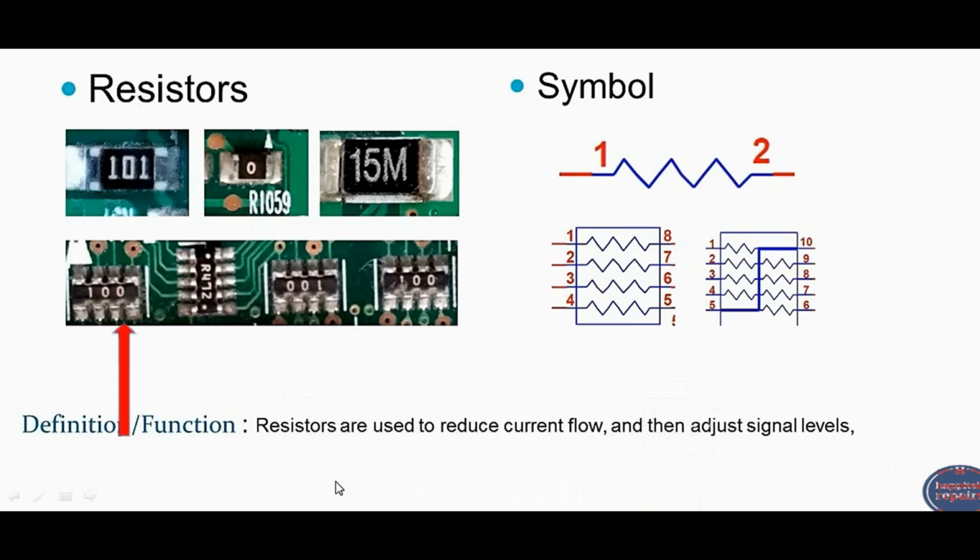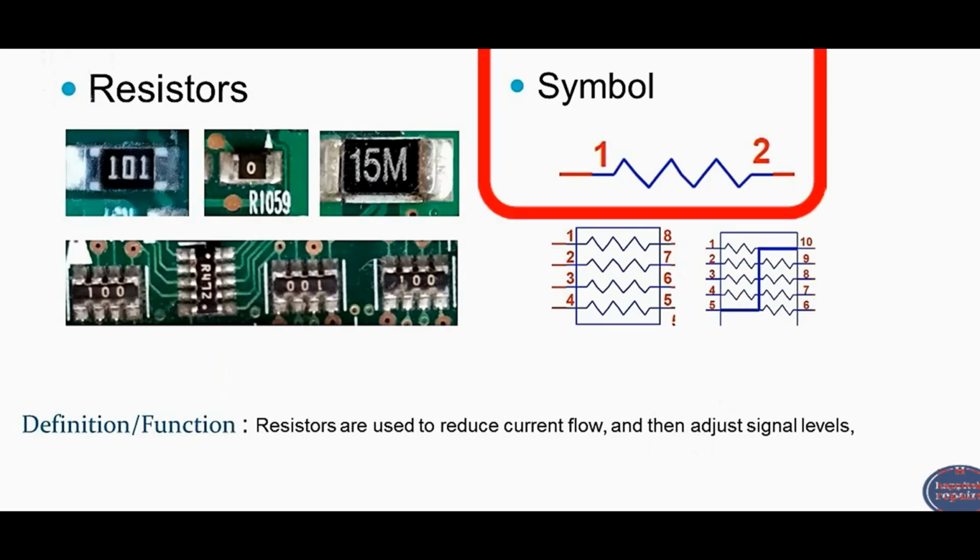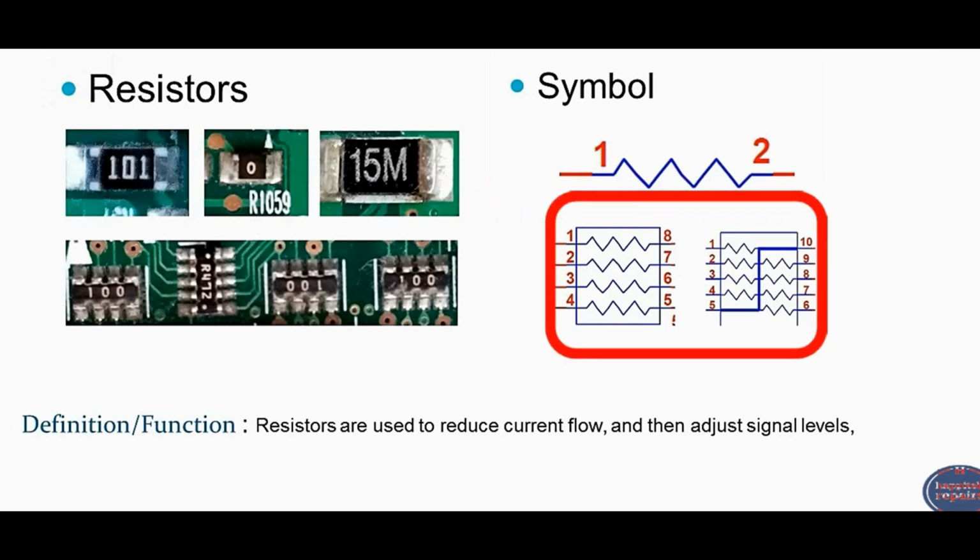And here we have other resistors. Basically those are network resistors. A network resistor is a combination of many resistors: 2, 3, 4 or more. Here are the symbols: a simple resistor with 2 terminals, and these 2 symbols are for network resistors.